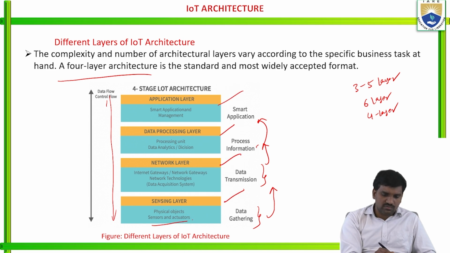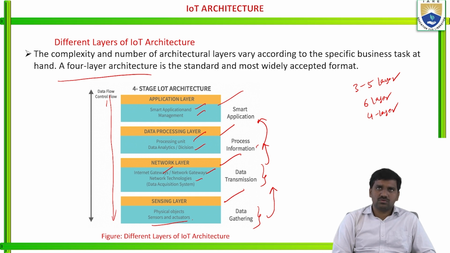Next, in the network layer, for data transmission we use gateways, like network internet gateways, or network topologies, like star, mesh, ring and bus topology; there are five to seven types of topologies. Next, the data processing layer has the processing unit, data analytics and decision making devices. Next, smart applications and management, like real time applications. So these are the four stages of IoT architecture: application layer, data processing layer, network layer, and sensing layer.